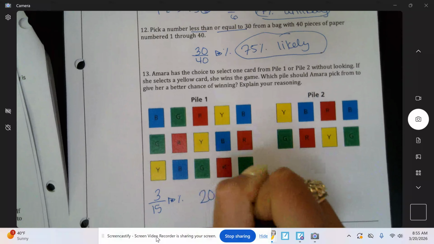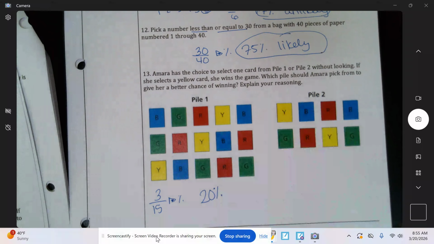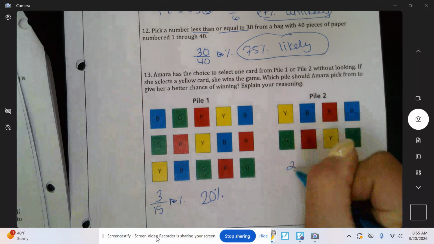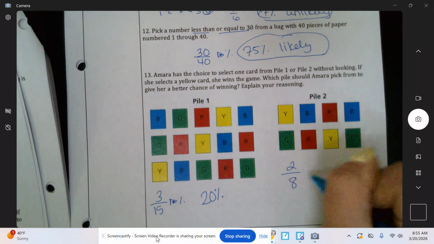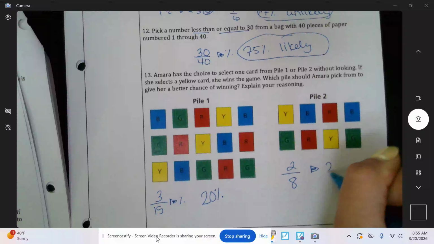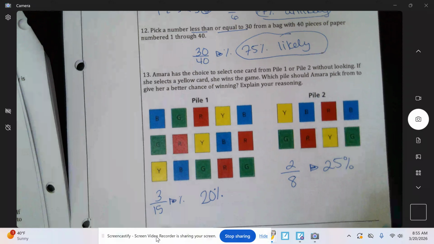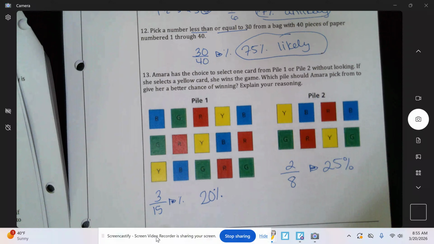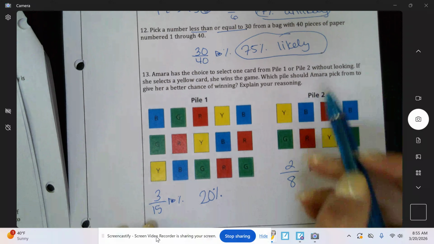And for pile 2, what is the probability of picking yellow? There's 2 out of a total of 8, which converts to 25%. So which one is better? So Jacob was right.